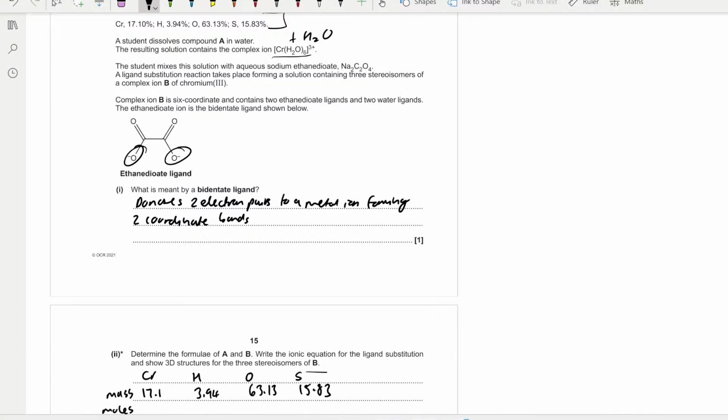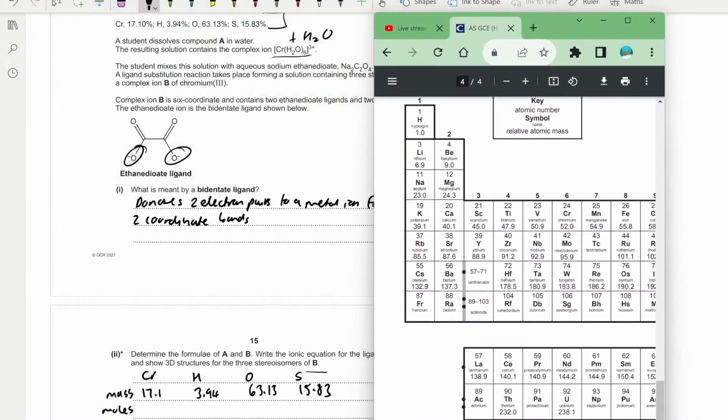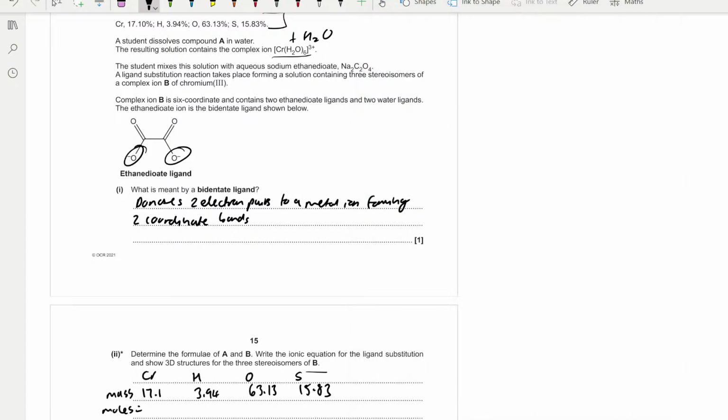So let's find our Mr value of Cr, which is 52. So we're going to divide that by 52 and divide H by 1, divide O by 16, and divide S by 32.1.